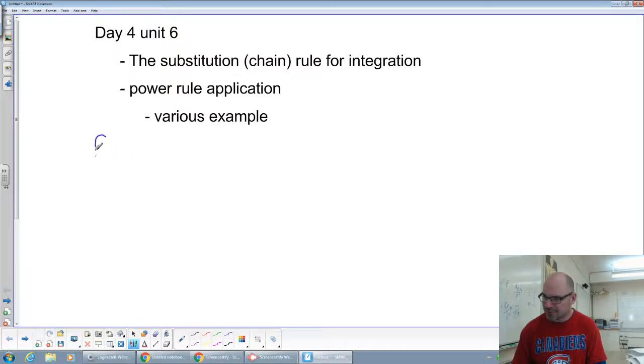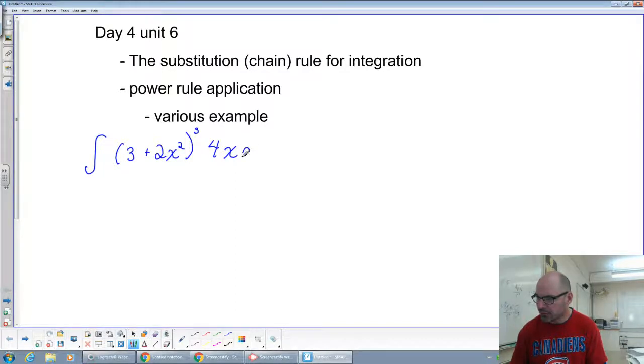Say we have the integration of (3 + 2x²)³ times 4x dx.